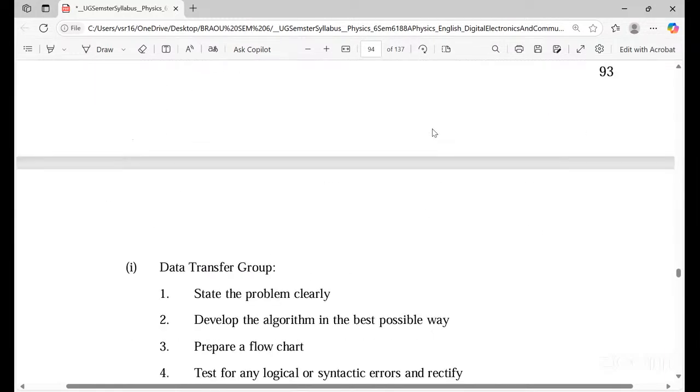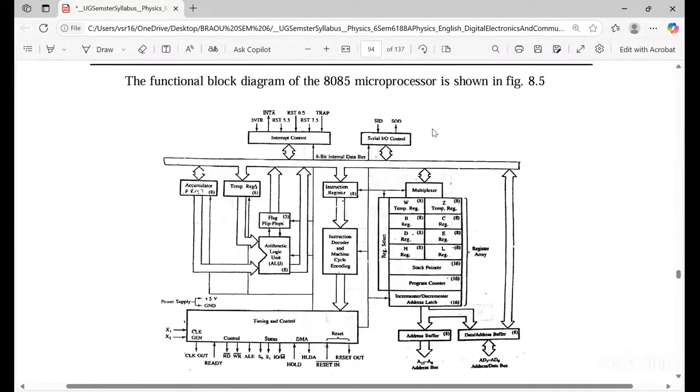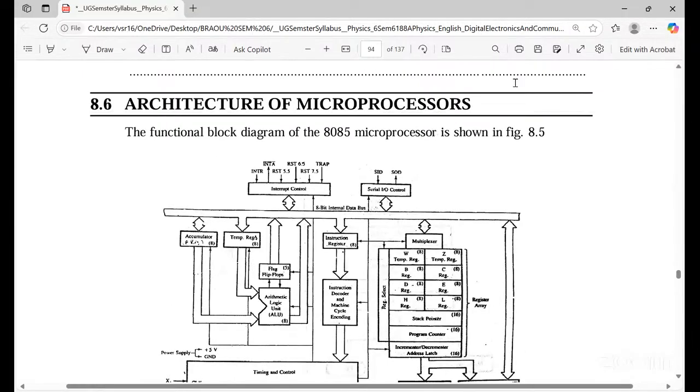So this is the architecture for microprocessor 8085.